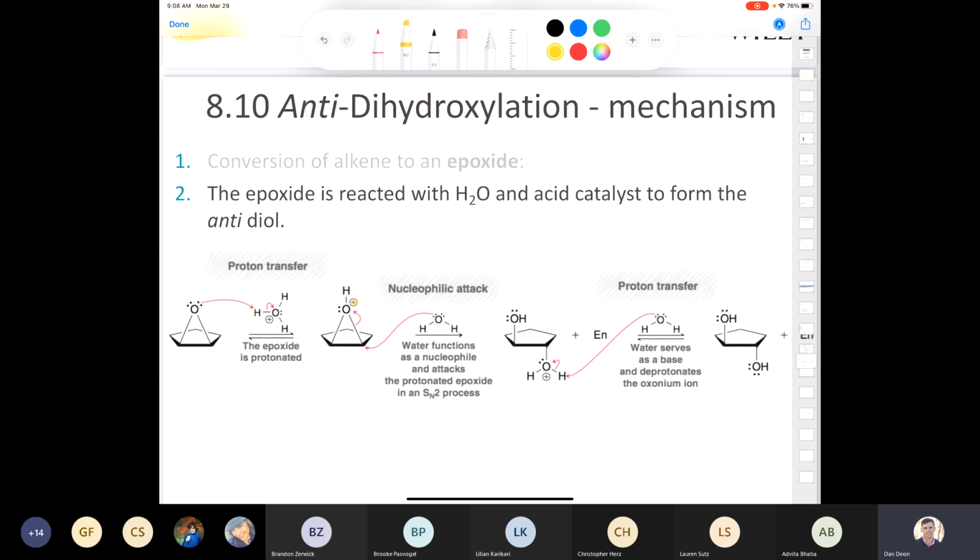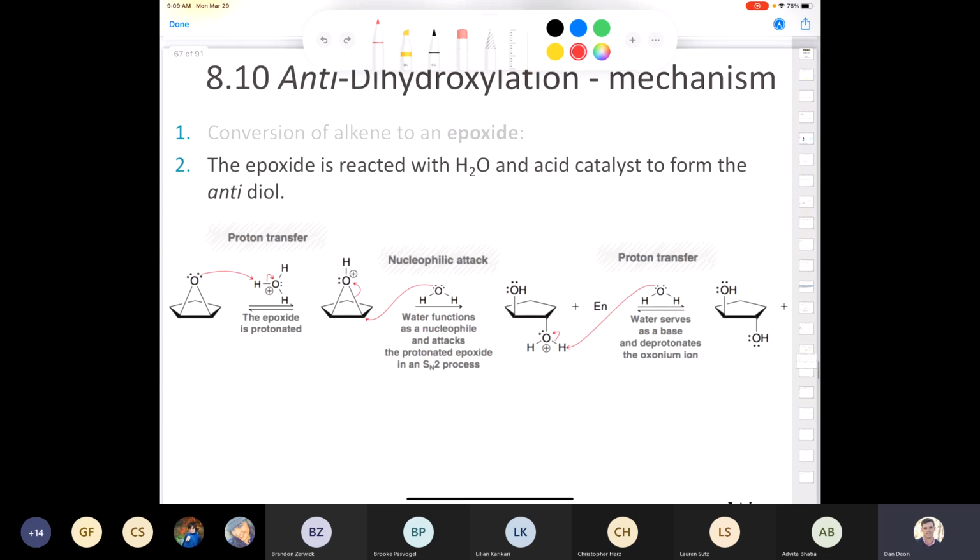The oxygen has a positive charge, and it's more electronegative than a carbon. So it's going to want these electrons really bad, which is going to create a delta plus here and a delta plus here, right? Those 2 carbons are going to be really hungry for electrons. So you have a powerful electrophile. So water can come in as a nucleophile, produce this oxonium, which gets deprotonated by water. And there you go. There's your transdiol from the anti-addition.